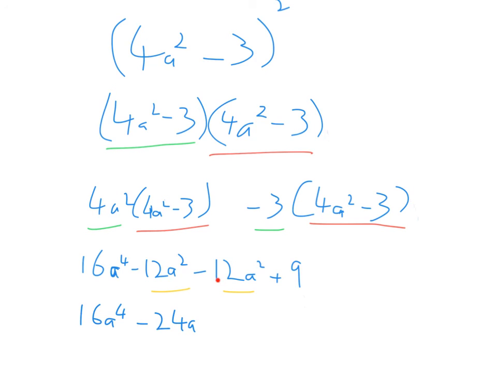The reason behind that is if you're adding or subtracting and the signs are the same, you just add them and keep the same sign. Or if you want to think about it like money, if you have minus 12 euro in your bank account and you take out another 12, you're going to be down to minus 24 euro. So that's minus 24a squared. And then 9 again will just stay the same because there's no like terms to add our 9 with.